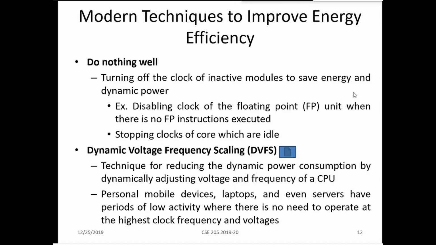Okay. So they have given some modern techniques to improve this energy efficiency, of doing nothing. So it's a good thing, right? Suppose you're not doing anything, we need to turn off the clock of the inactive modules, because even if you're not using them, there may be a little power consumption.